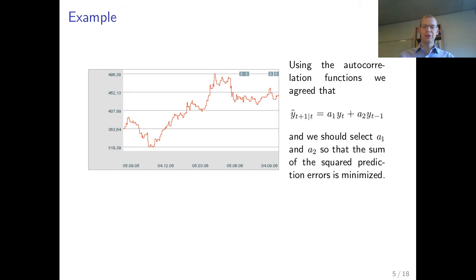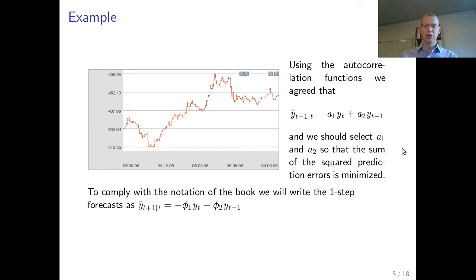Okay, so let's just start with an example. We're looking at this time series here, and from looking at the autocorrelation function and partial autocorrelation function, we found that an AR(2) model is appropriate, and we just have to pick appropriate values for a1 and a2. First of all, here I used one definition of the sign of the parameters from the book.